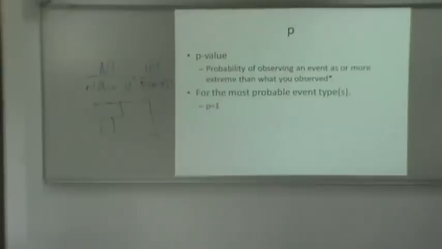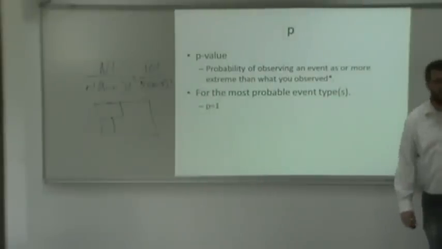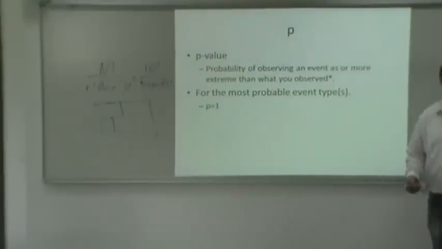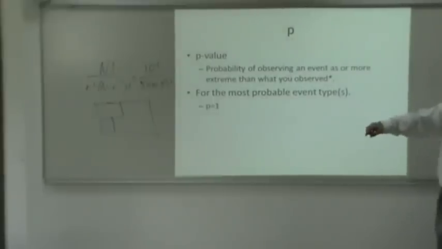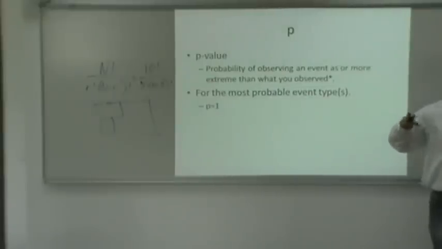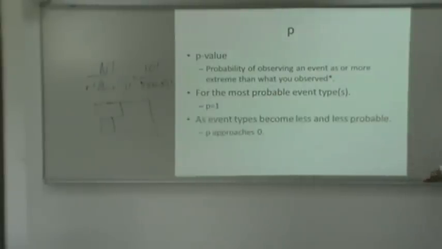Right? For the most probable event types, for the events that you are most likely to see, like 5 heads out of 10 flips, the p-value will equal 1. 500,000 heads in 1 million flips, the p-value would equal 1 for a fair coin.